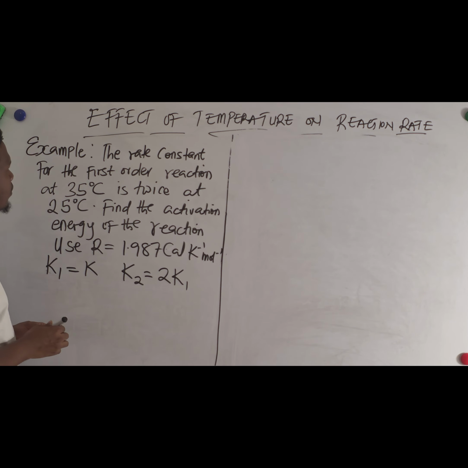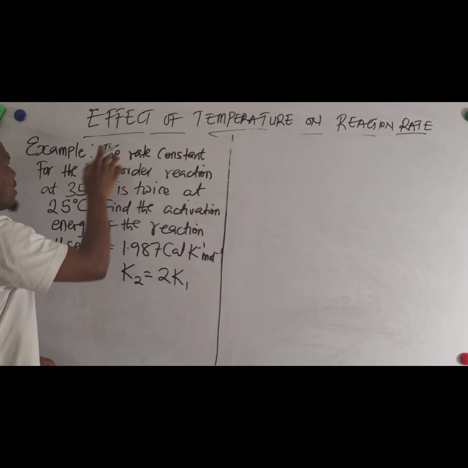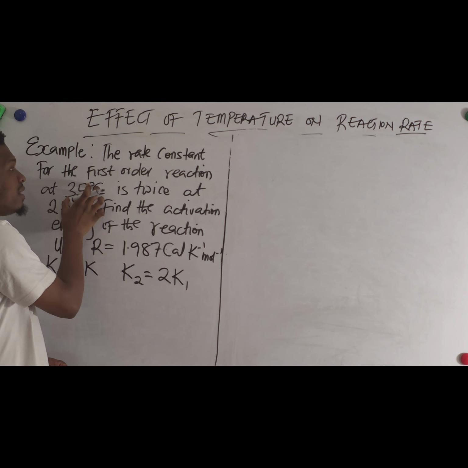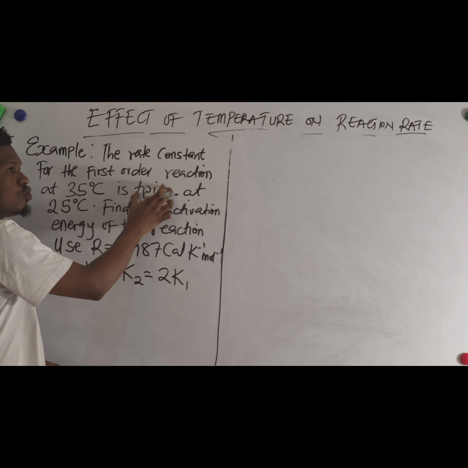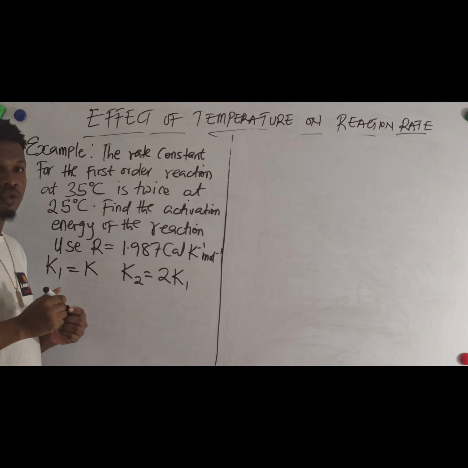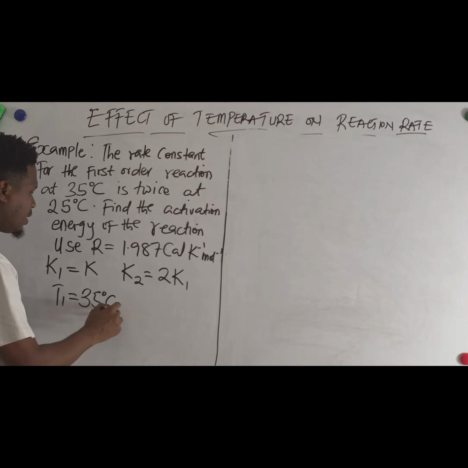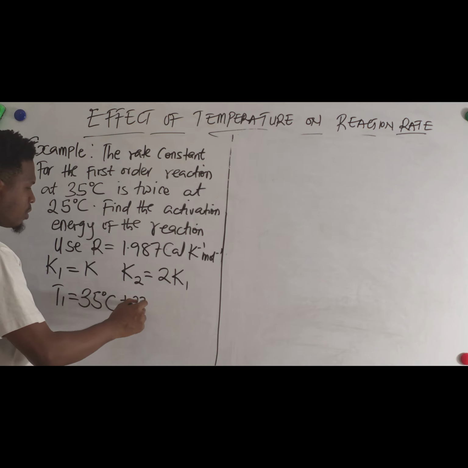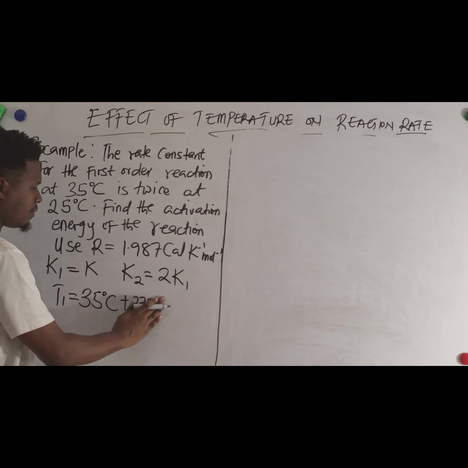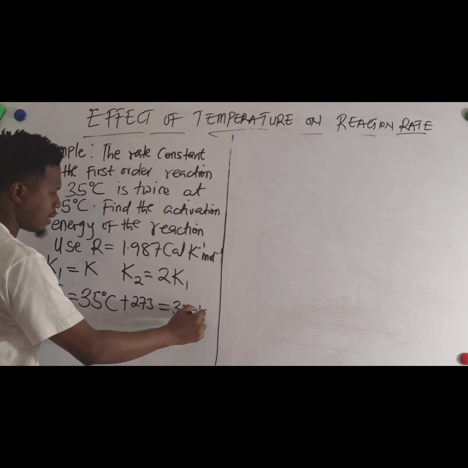From this question, we are given the temperatures. They said the rate constant of the first order reaction at 35 degrees C is twice. So I'm going to take this as the T1 and this as the T2. T1 becomes 35 degrees C, convert it to Kelvin, plus 273, which should give you 308 Kelvin.